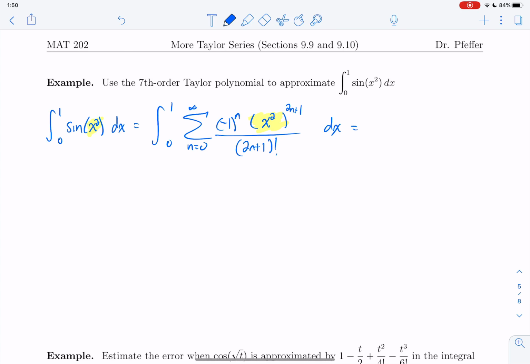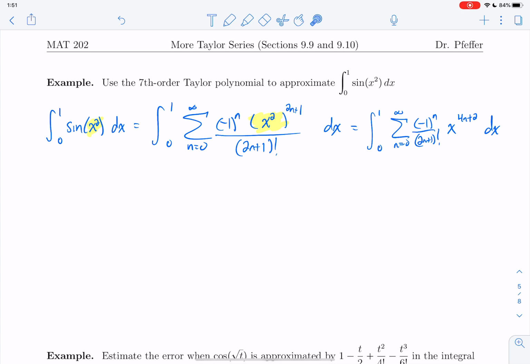Notice that this is going to become the integral from 0 to 1 of the series from 0 to infinity of negative 1 to the n over 2n plus 1 factorial x to the 4n plus 2 dx. Now comes the kind of sticky part. You see this series right here has powers of this form, which means when n equals 0, we get a 2.